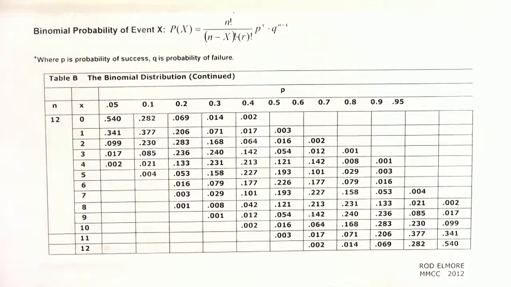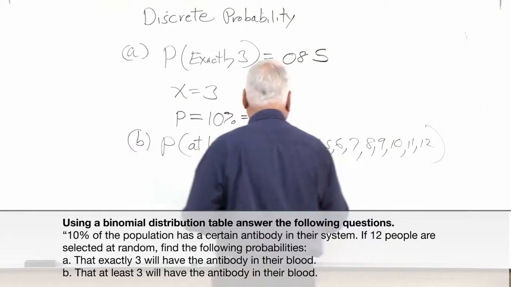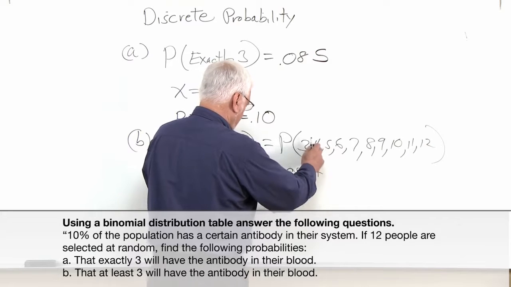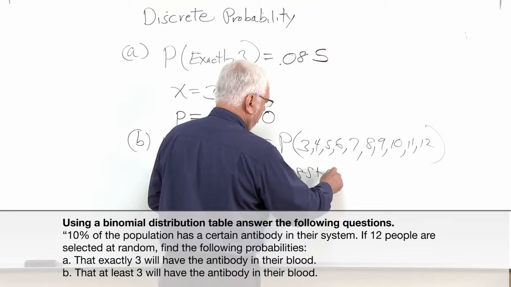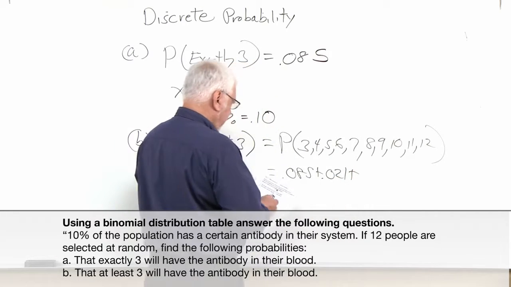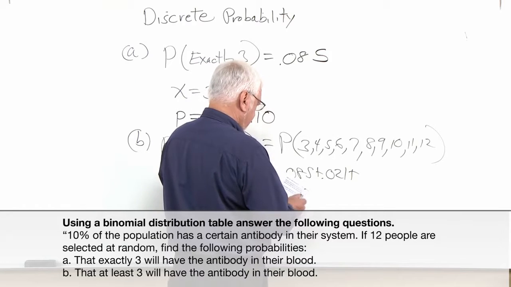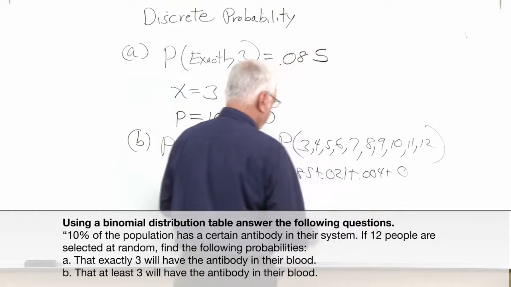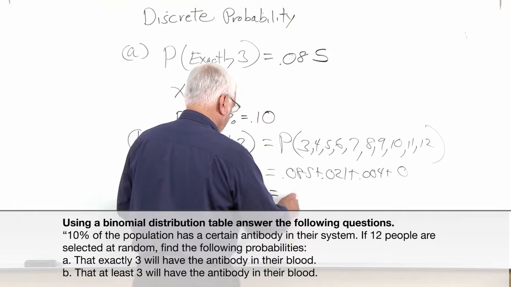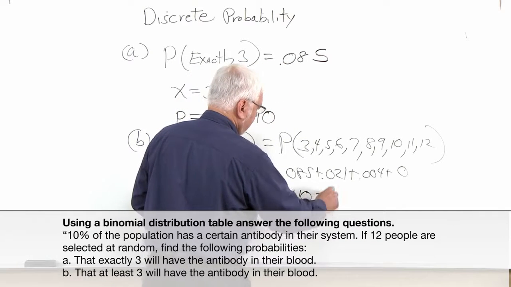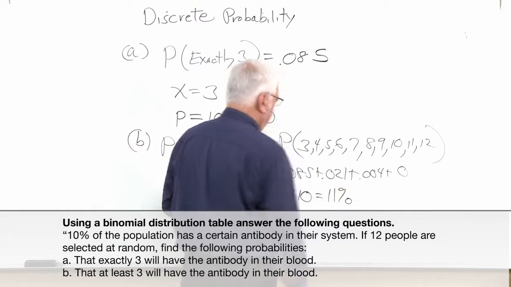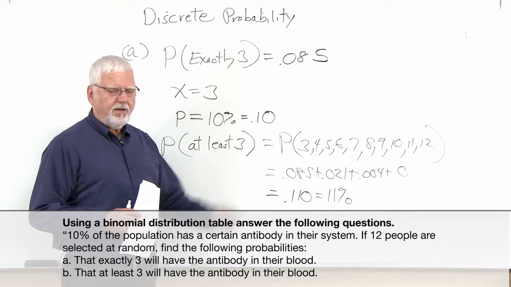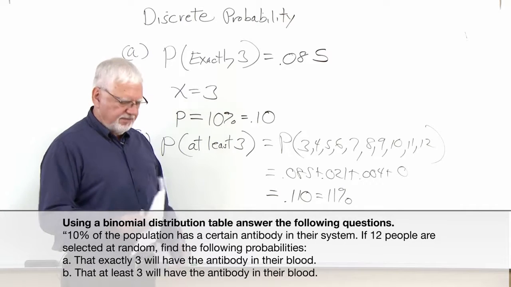So we've got 0.085 for this one, and then the 4 is 0.021, and the 5 is 0.004. And the rest are all going to be zeros, so we add those up. We get 0.110, which is 11% of the time we would expect that we're going to have 3 or more have that antibody in their system.